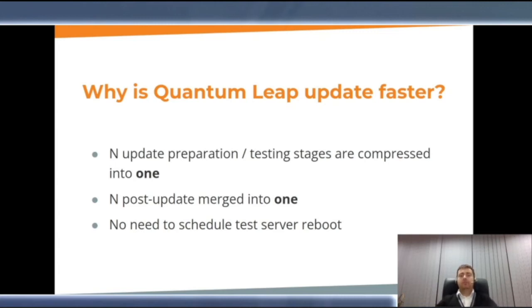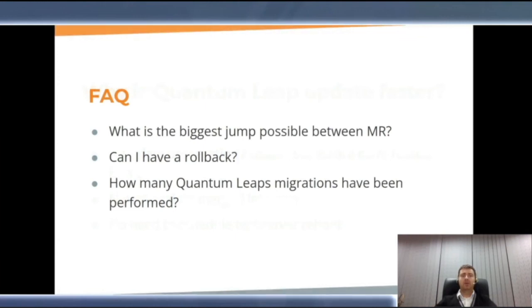Also, there will be just one post-migration period instead of several, as in the case of standard update. And there will be no need to have some stability period between updates. Yes, it will be one extra step with traffic moving, but it takes several minutes, so it can even not be considered.